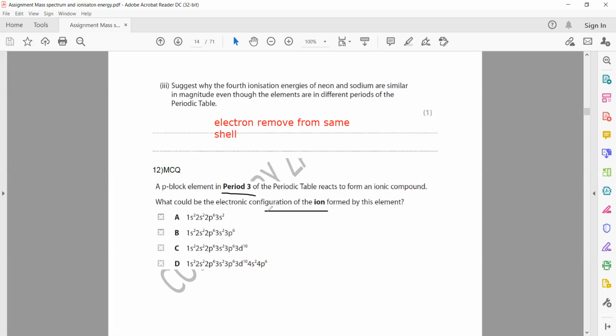When it forms a stable compound, it should have a complete octet. Octet means 8 electrons in the outermost shell.